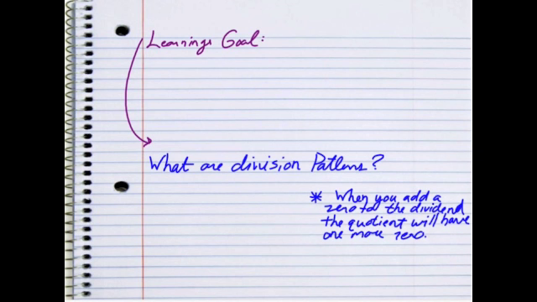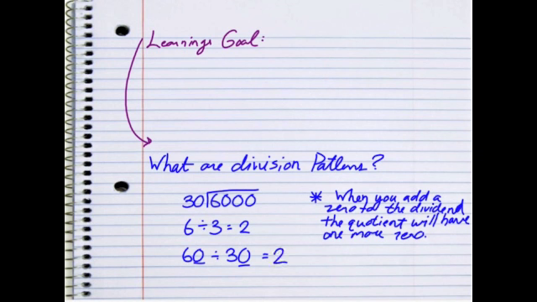First we'll do 30 divided into 6,000. If we start with 6 divided by 3, we know that 6 divided by 3 is equal to 2. If we beef it up a little and say 60 divided by 30, each of those numbers has been given a 0, but my quotient is still 2.